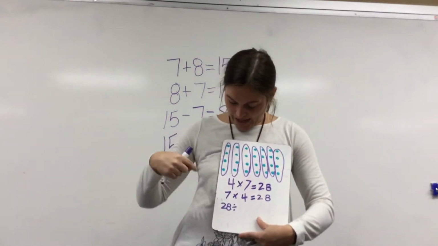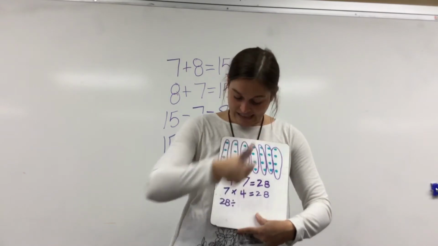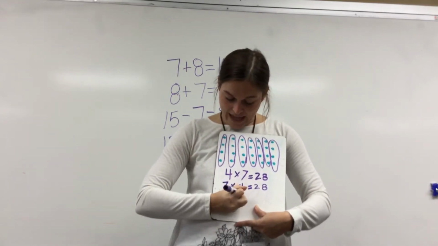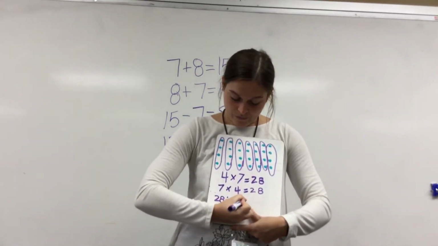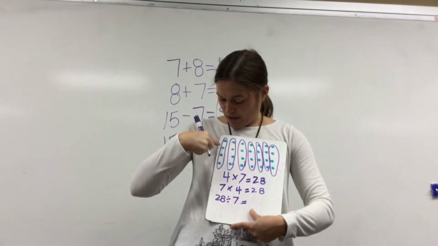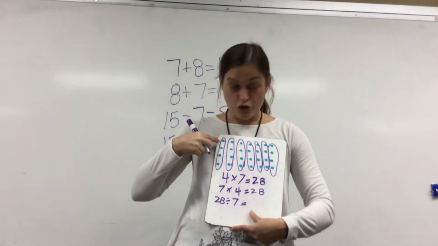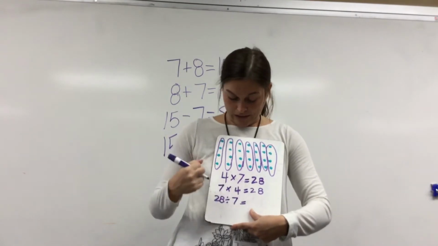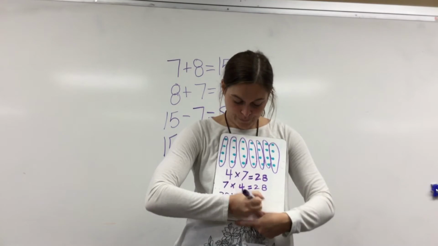How many groups do I have? 2, 3, 4, 5, 6, and 7. I took my 28. I put them into 7 groups. The final number is going to be how many are in each group. Well, this one has 4, this one has... They all have 4.